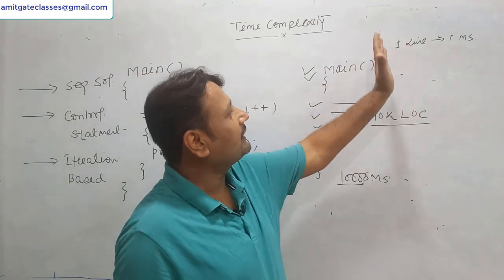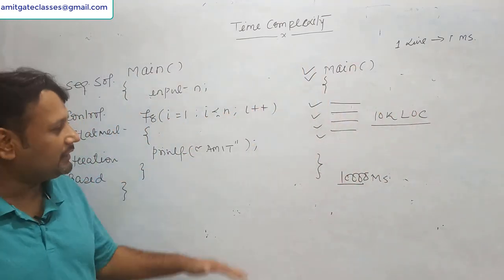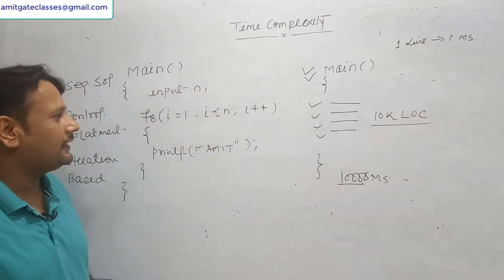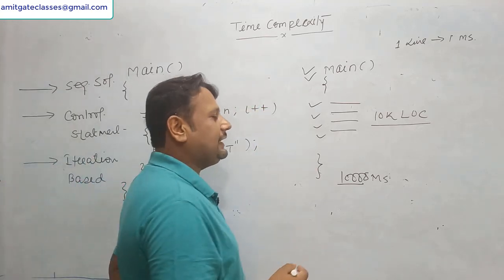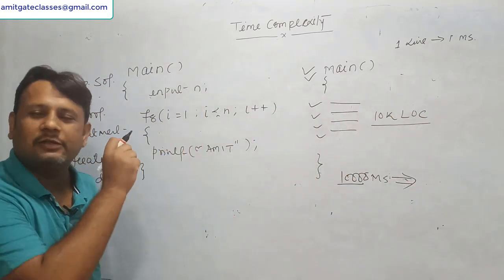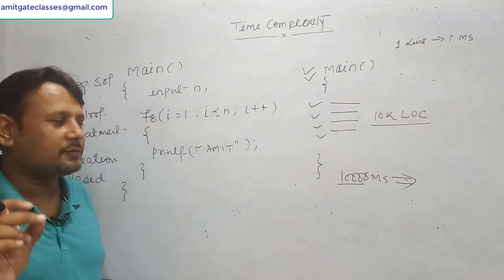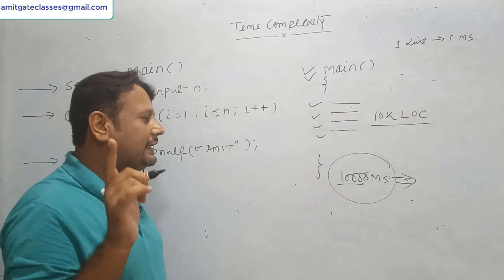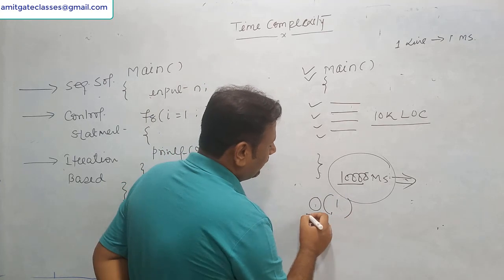If it is fixed that one line takes 1 millisecond, every time I execute this program it is always going to take 10,000 milliseconds. Time complexity is a term where you represent approximately how much time the program is going to take. So if any program is taking constant time, you can write the time complexity as O(1).